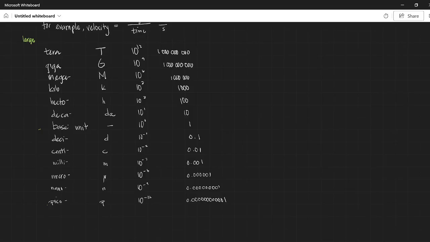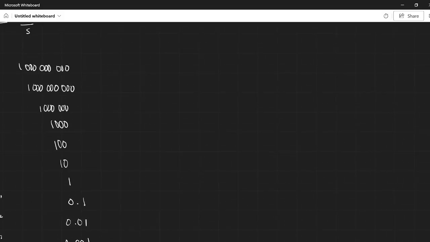Now, just to do some examples here to drive this home a little bit, we see a lot of length units, and so I just want to do some examples with the length units. So how many meters in a kilometer?